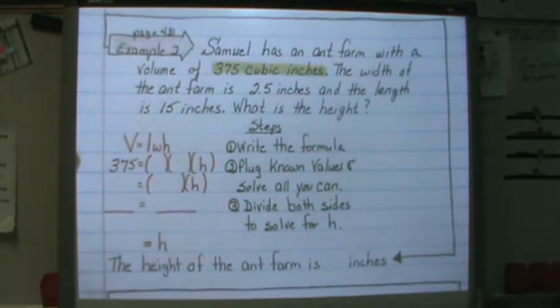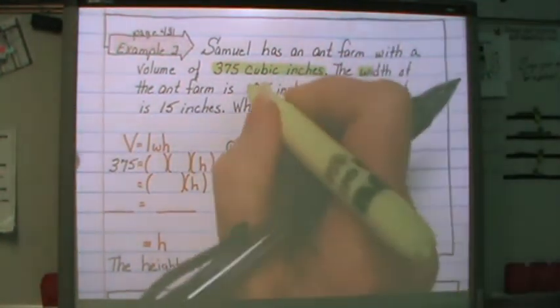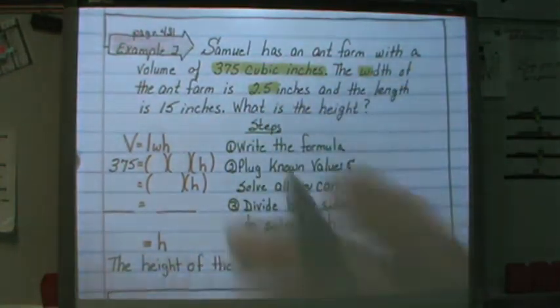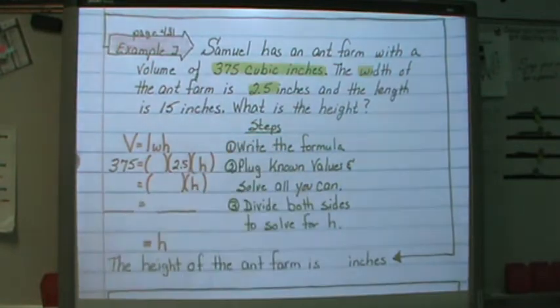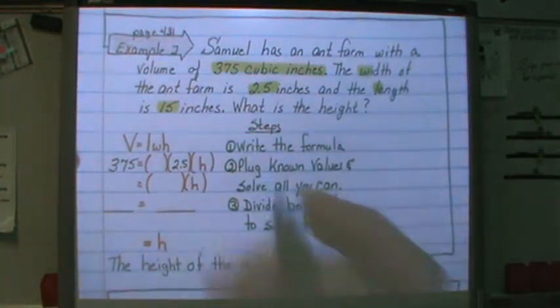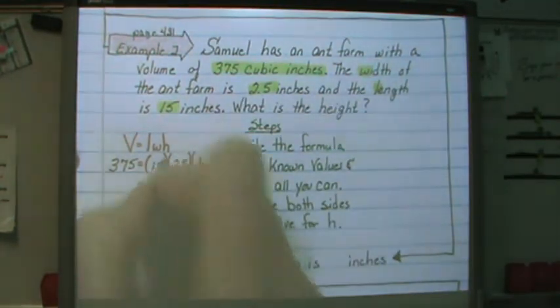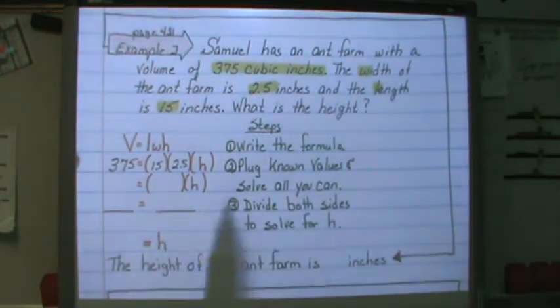The width of the ant farm is 2.5 inches. So my W is going to be 2.5. And the length is going to be 15. So my L is going to be 15. So I plugged in all of my known values, and now I have to solve all that I can.